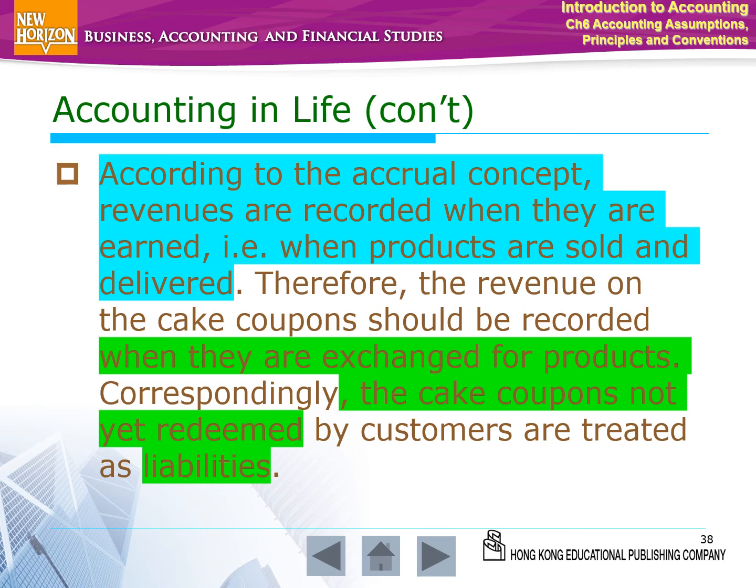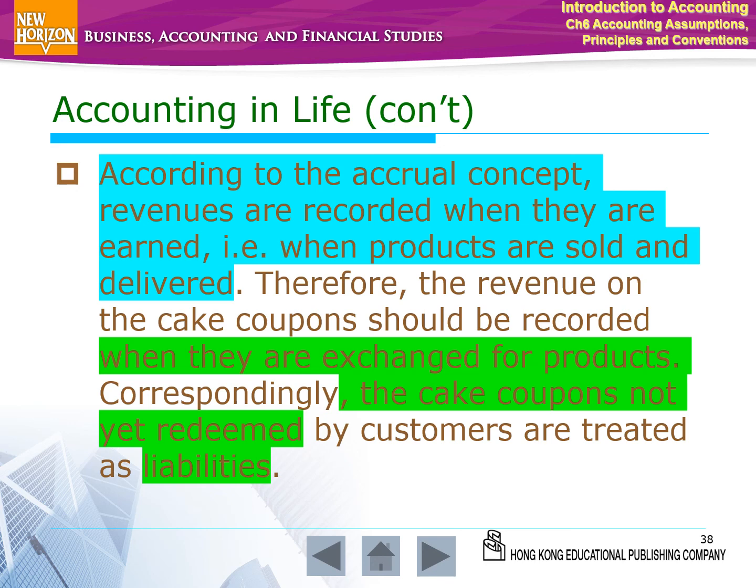That means you present the coupon for the cake. At that time, the revenue has been earned. Therefore, the revenue on the cake coupons should be recorded when they are exchanged for products. Correspondingly, the cake coupons not redeemed by customers are treated as liabilities.